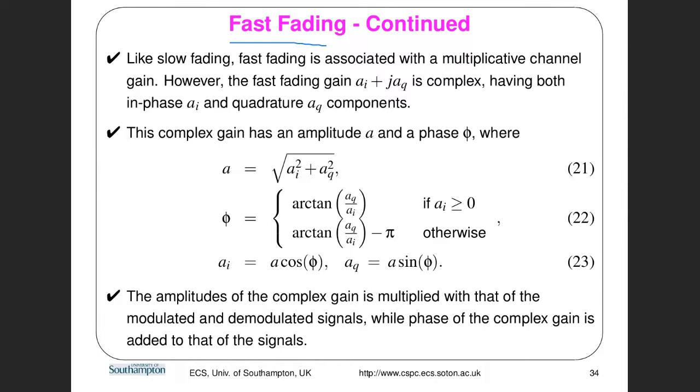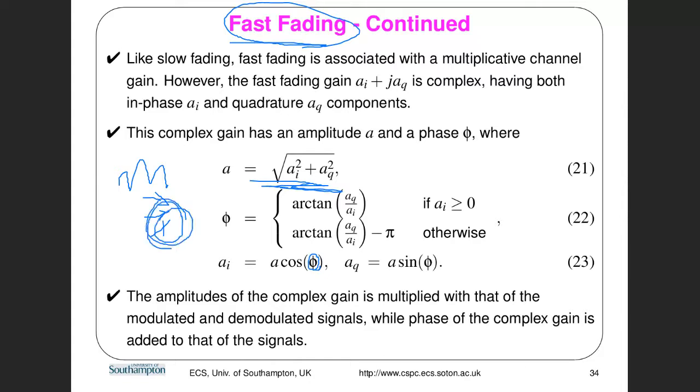And then for fast fading, we need to take into account both the amplitude, which is the power fluctuation, so power loss, and also the phase, because all the signals come with different delays, so they have different phases. They add together.